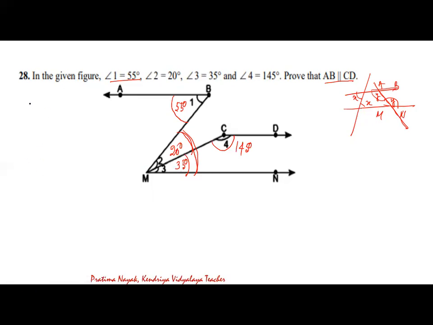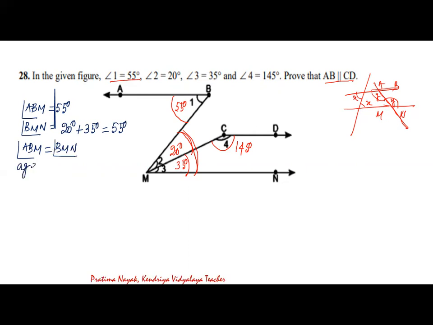I'll write angle ABM is equal to 55 degrees. Similarly, angle BMN is also 55 degrees. How? 20 degrees plus 35 degrees makes 55 degrees. So angle ABM is equal to BMN.